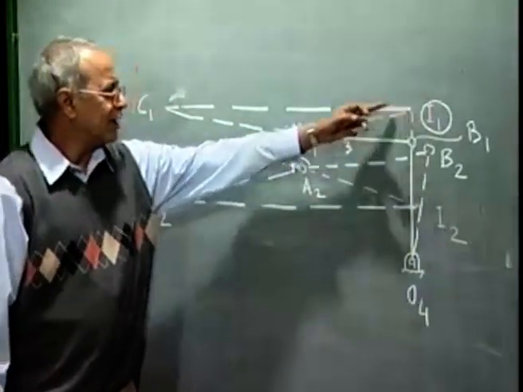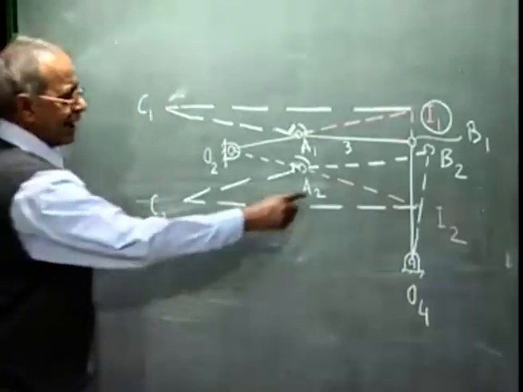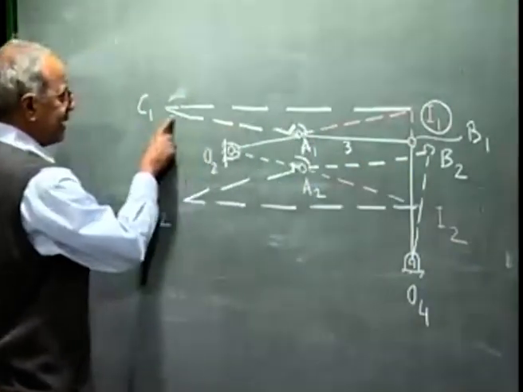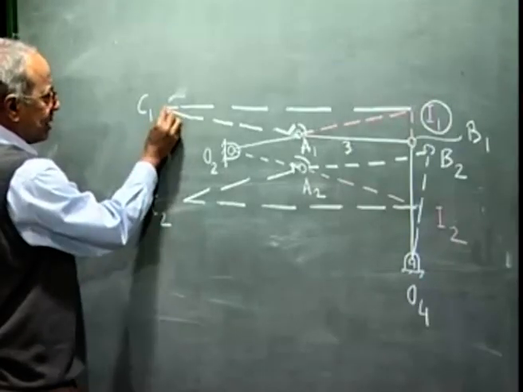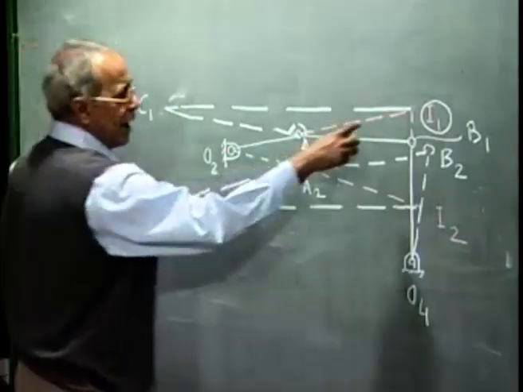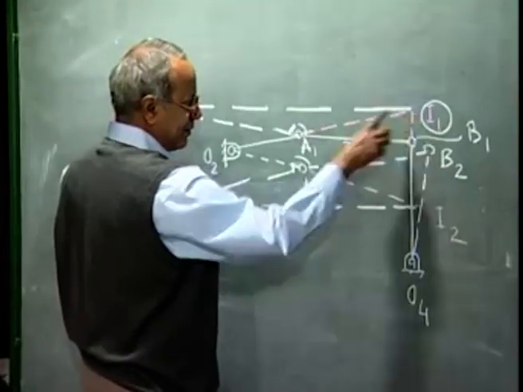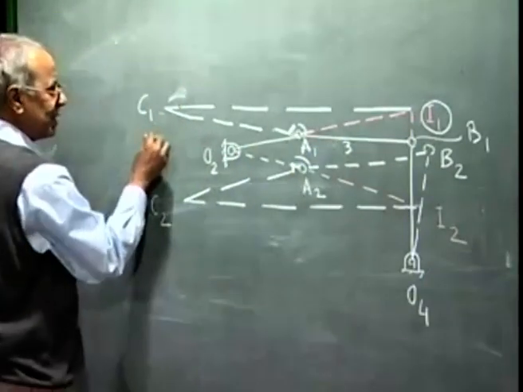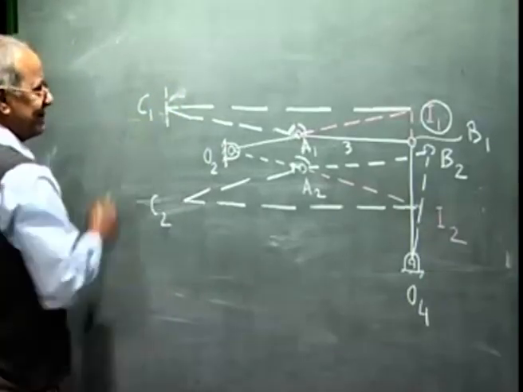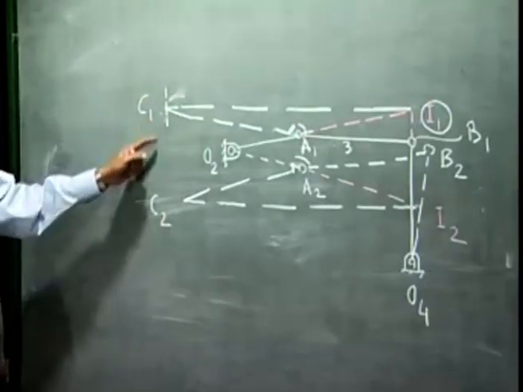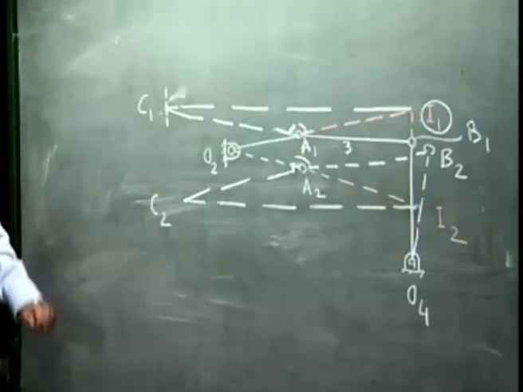Now I draw a horizontal line through I1 and let AB extended meet this horizontal line at C1. Then I know that at this instant I1 is the instantaneous center for the coupler 3. So the velocity of the point C1 will be perpendicular to I1C1. That means C1 moves along this line.